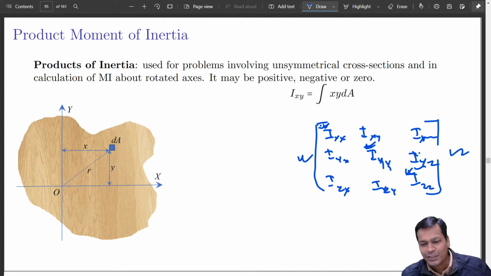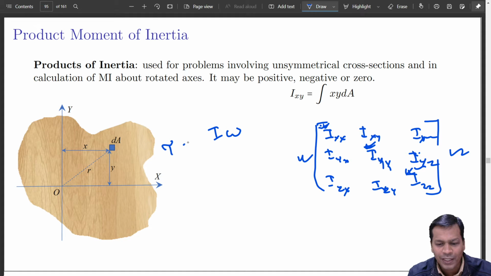So it is not just I into omega giving you torque; rather torque is again a matrix, I is a matrix, and omega is also omega x, omega y, omega z. So you have three rotations. It will be omega cross I omega, something like this. There is a term which goes something like this, and that makes it complete. So that is how we use it.